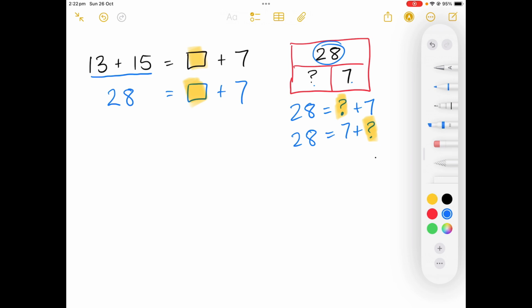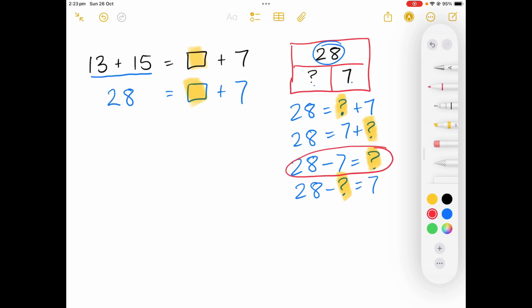So it has to be a takeaway that we need to do. So let's do another one. We might go 28 take away 7 equals I don't know, or 28 take away I don't know equals 7. So when we look at all the options there, we can see that the only one that has the unknown on its own is this one here. So that's how we're going to rewrite our equation.